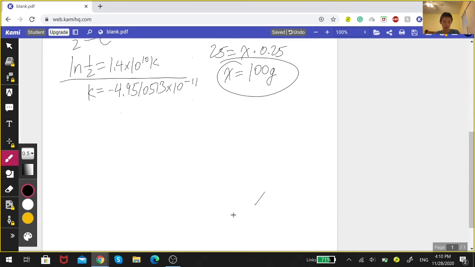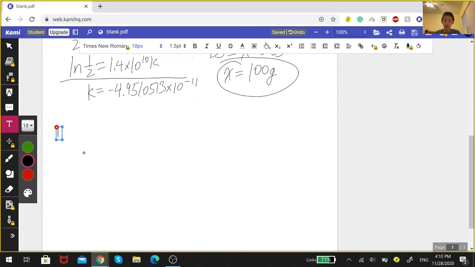Now let's do another example. There are 5.0 grams of 131I after 40.35 days. 131 is just telling you the weight.